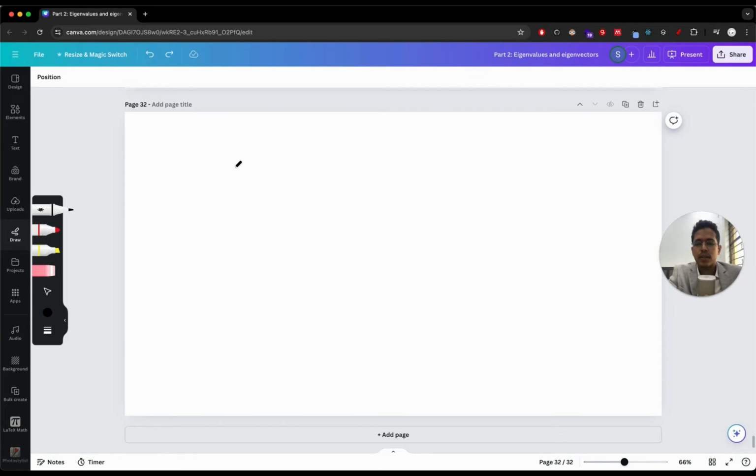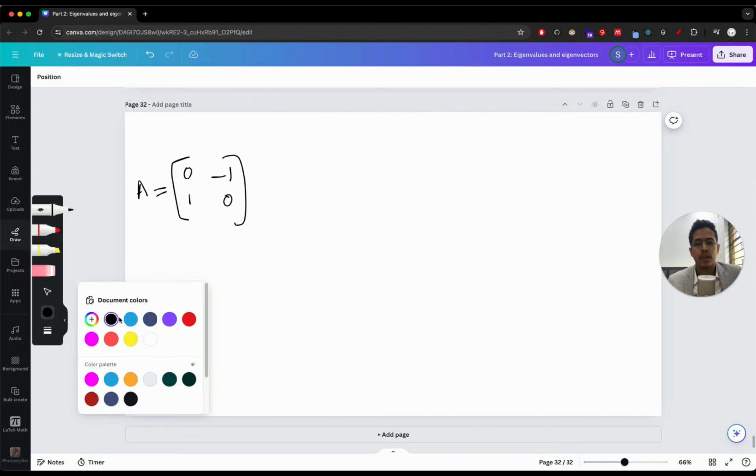So it was 0 1 and minus 1 0. So here the x-axis, which was this, would become something like this, and the y-axis, which was this, will become something like this. So here what's happening with the matrix A, the transformation, is rotation. Do you see why that is?